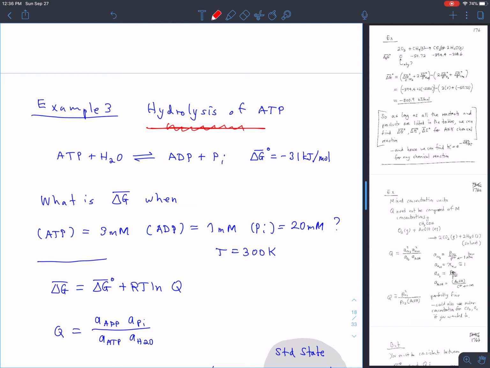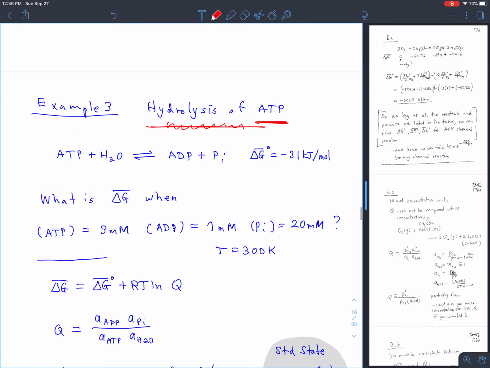The hydrolysis of ATP is the sort of power, the chemical power source for most of the machines in a living thing. It's utterly necessary for all living things to have machines that are powered by ATP. ATP is the fuel for all those machines.